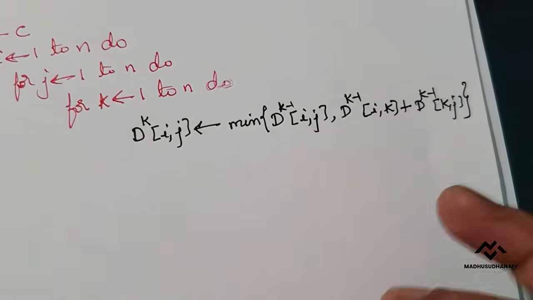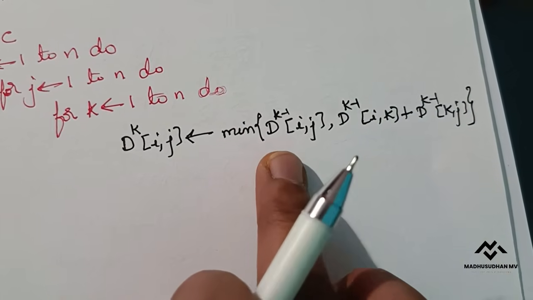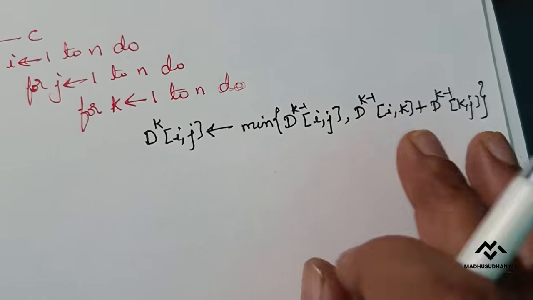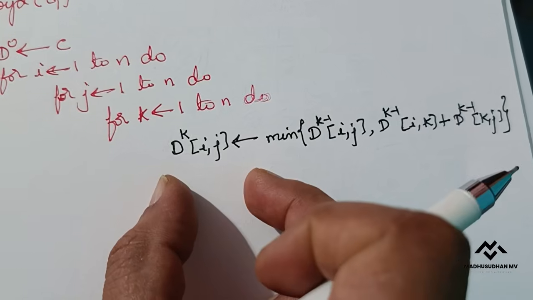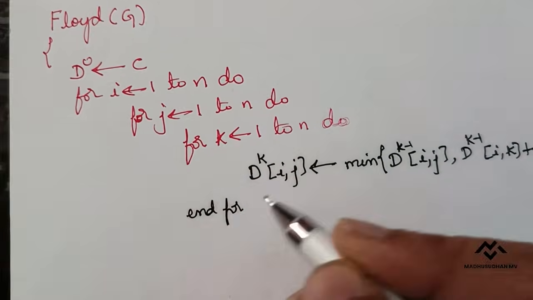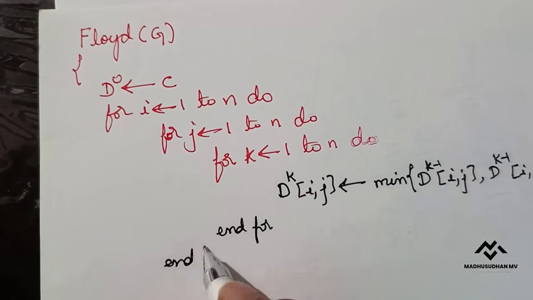So I'm finding whether the direct i to j edge is minimum, or from i to k plus k to j; whichever is minimum, I take as D to the power of k of i comma j. Okay, so that's it. End for.